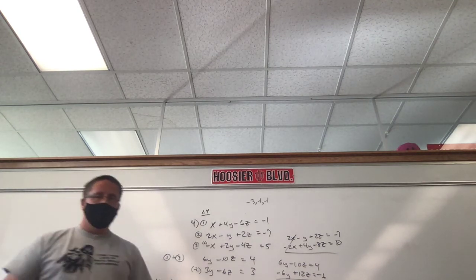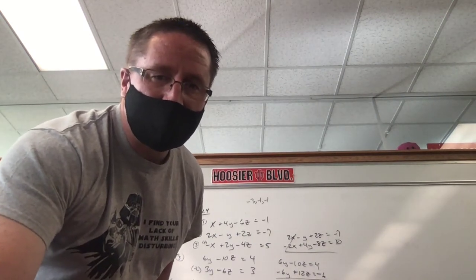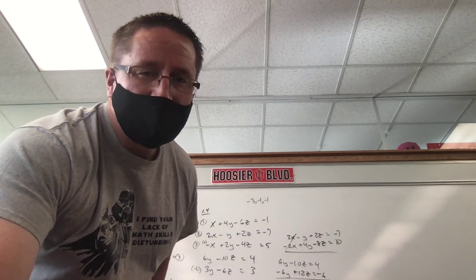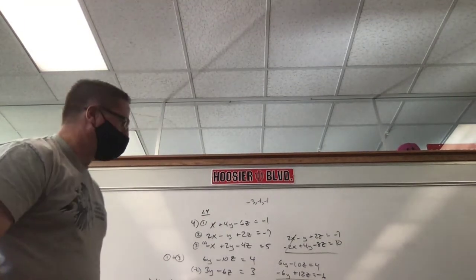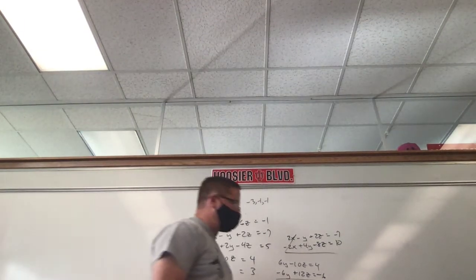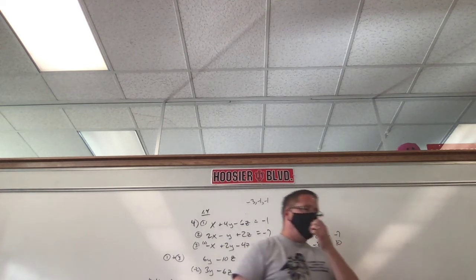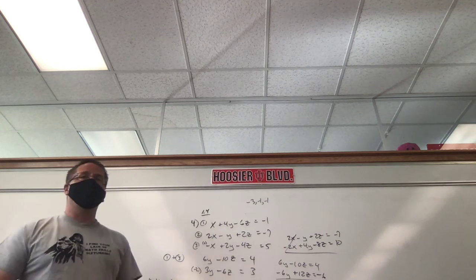All right, let's try another one. We did 3, 5. Let's do a little bit easier one. I say that because I'm looking at the answer. If you understand how to do this problem, you're pretty much set for this section.